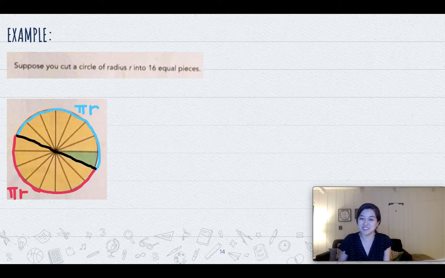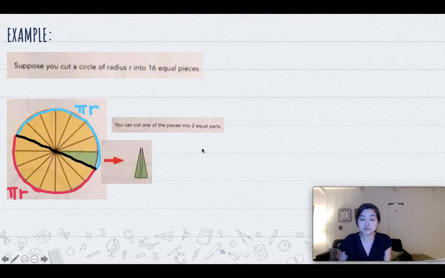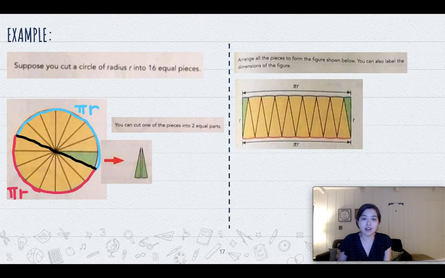Okay, I hope so. All right, now we're going to cut one of the pieces into 2 equal parts. In fact, we're going to cut this green part into 2 equal parts, like so. So now that we did that, let's arrange all the pieces to form this figure below. It kind of looks like what polygon?